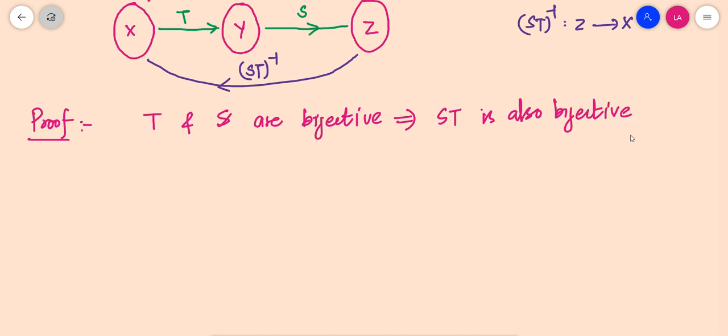Okay, ST is also a bijective function. So ST is bijective means clearly (ST) inverse exists because every bijective function has an inverse. So (ST) inverse actually exists. So the existence part is clear. Now we have to prove that (ST) the whole inverse is equal to T inverse composition S inverse.